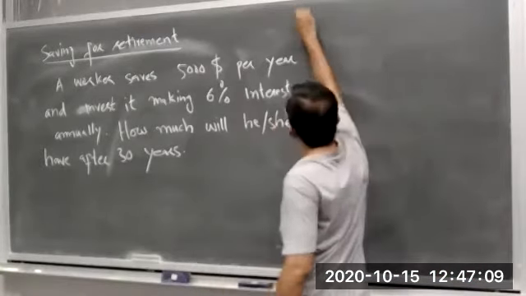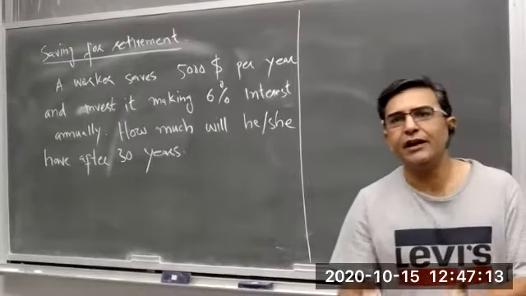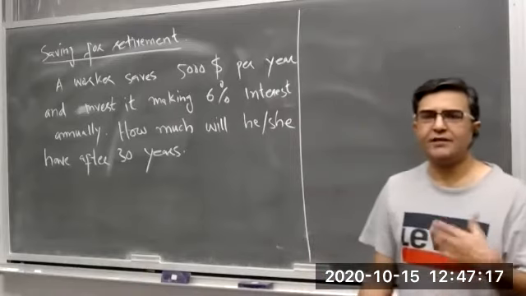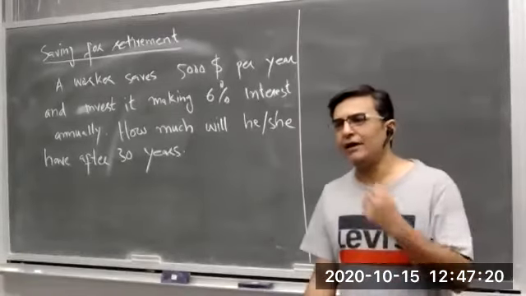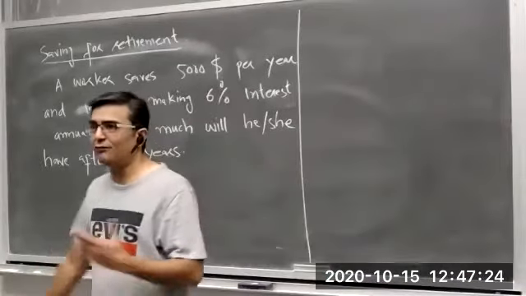So initially he has no amount. After the first year, he saves 5,000. He invested it in some business, or he put it in a savings account in a bank, and the bank returns him 6% interest annually.